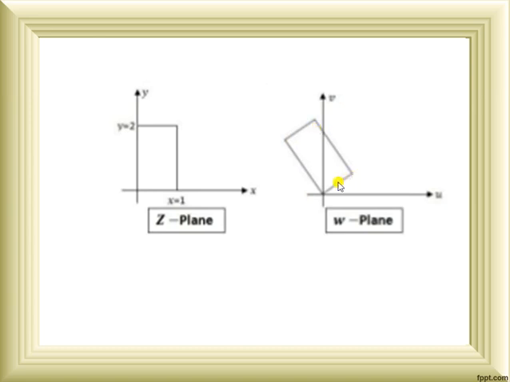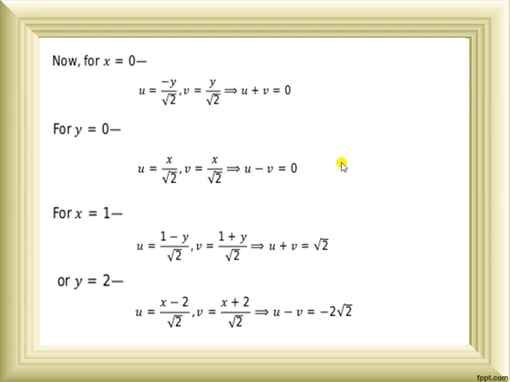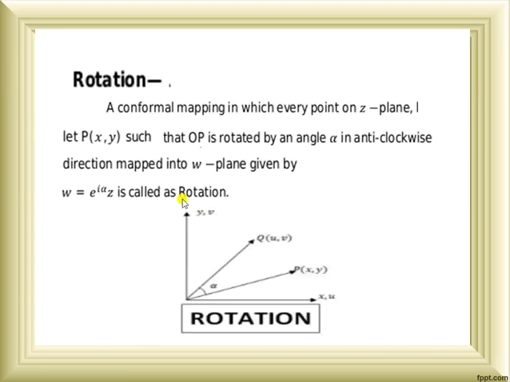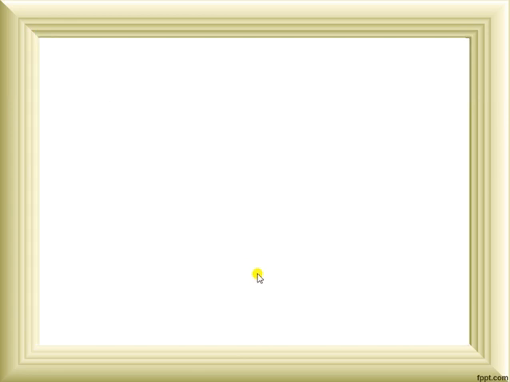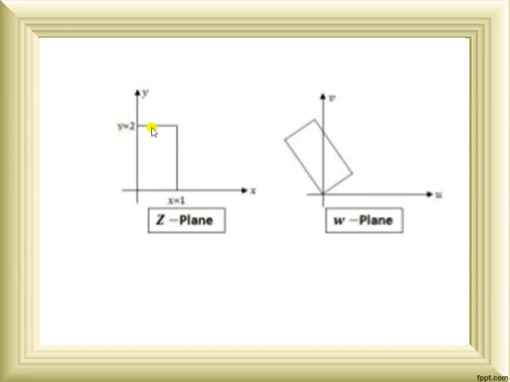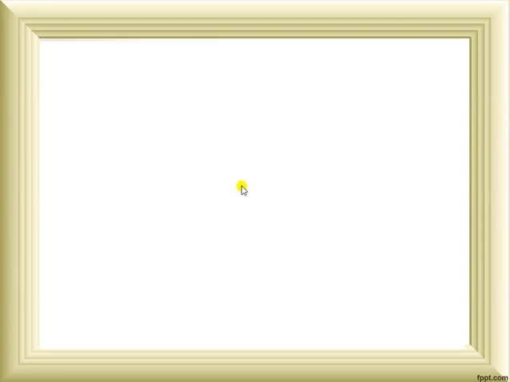So this is also a rectangle. The rectangle is transformed into a rectangle, but here rotation has happened. This line is rotated into the OQ line. Likewise here also, this rectangle is rotated like that. This comes under the rotation category.